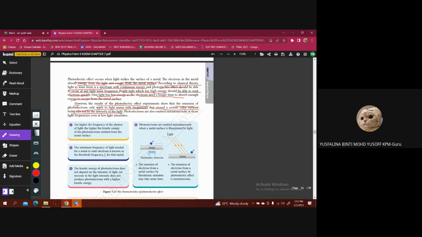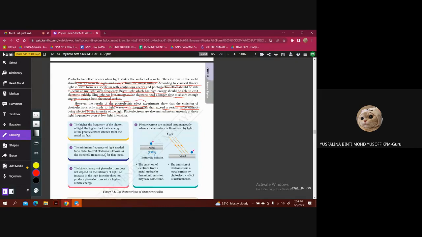But however, when we do the photoelectric experiment, it shows that the emission of photoelectrons only applies to light waves with frequency that exceeds a certain value, without being affected by the intensity of light. So the emission of the photoelectrons depends on the frequency.